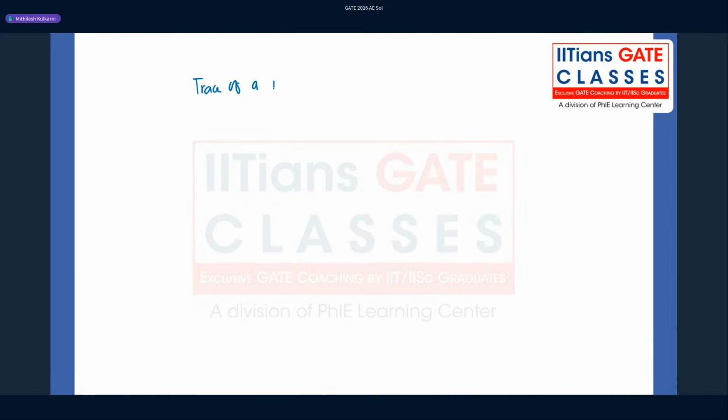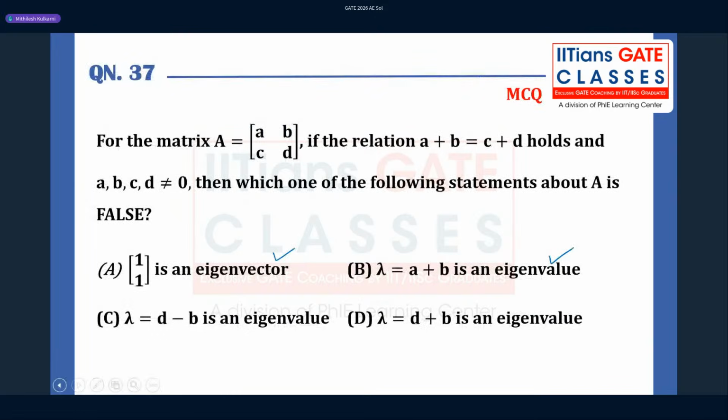Trace of a matrix is equal to the sum of eigenvalues. So lambda 1 plus lambda 2 is equal to trace of A, which is A plus D, right? Look at this. A plus D is the trace of a matrix.